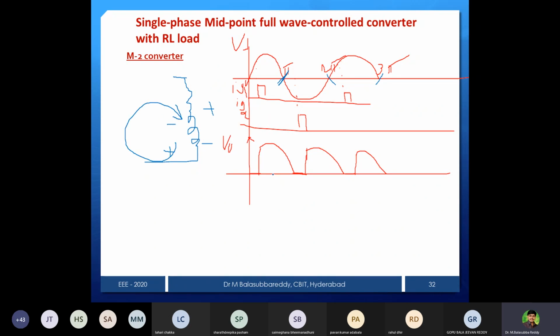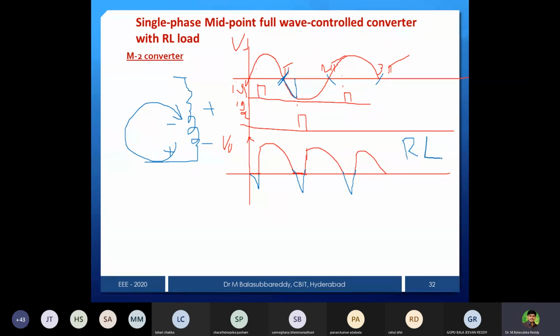If the device conducts after pi, what is the supply? Same as negative, no? This is the supply, and how long will it be conducting? Suppose if it is continuous, then it will conduct up to like this. Similarly for the next device, over, and this side also repeats the cycle. So this is the waveform for RL load, over.